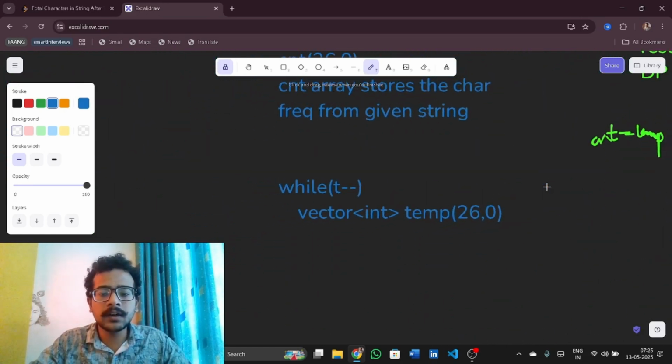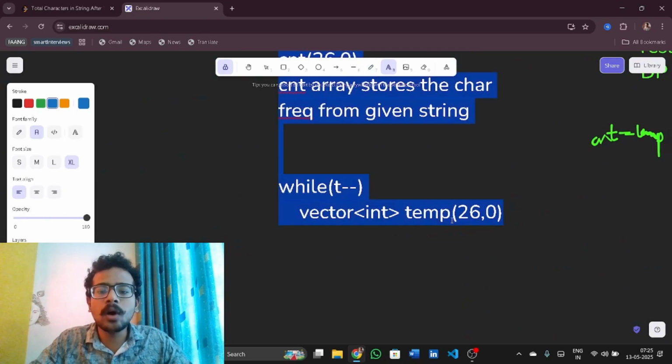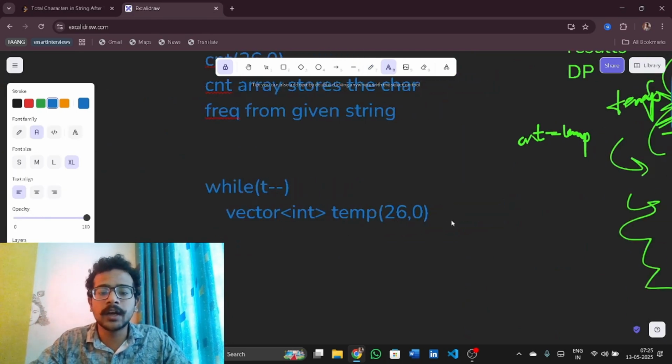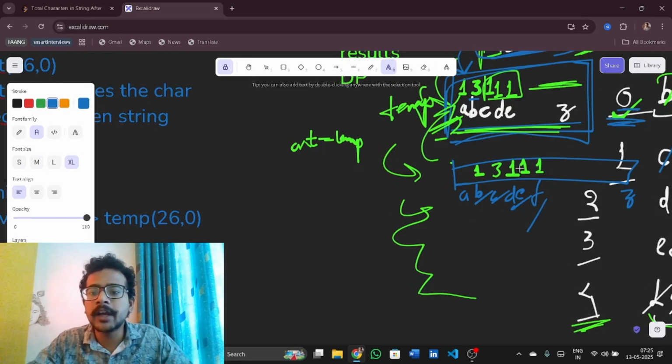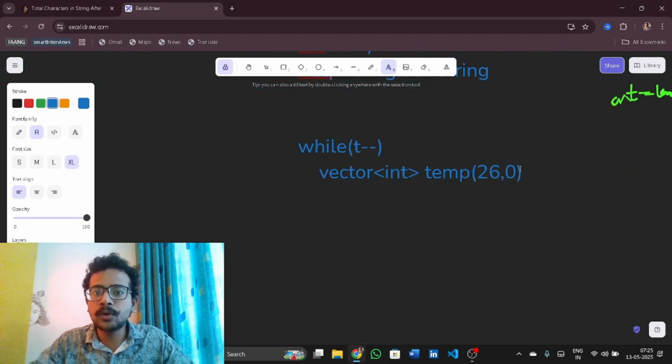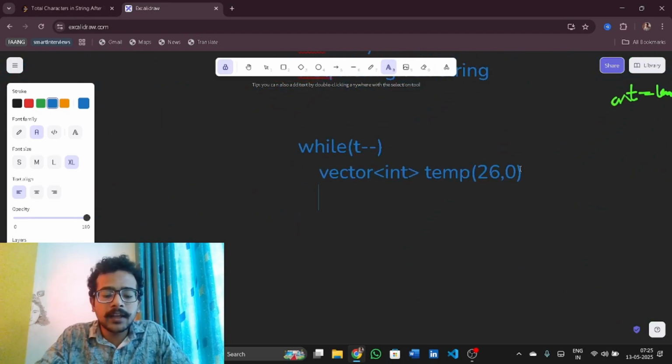Now, vector int temp. What will this temp array be doing? Here I have initialized a temp array with A, B, C, D, and everything will be 0. What is it doing? It goes from A to Z, and I am just taking the character.